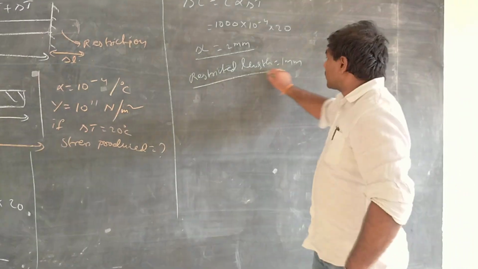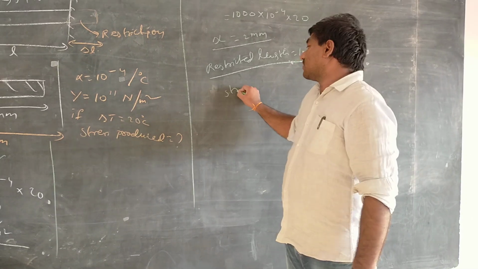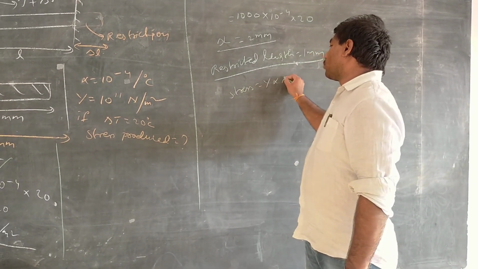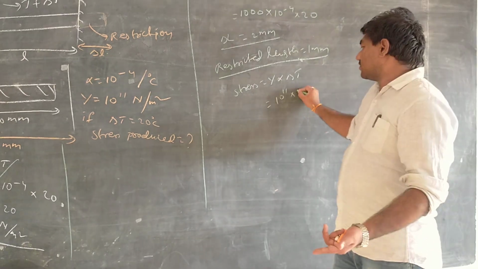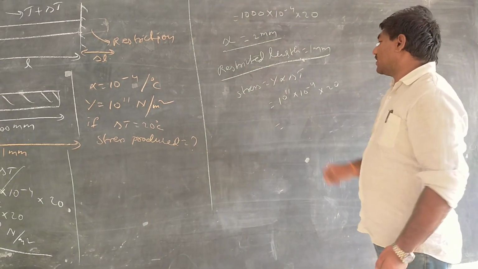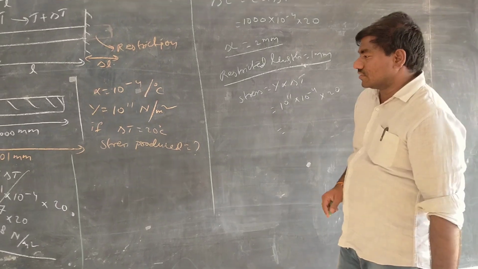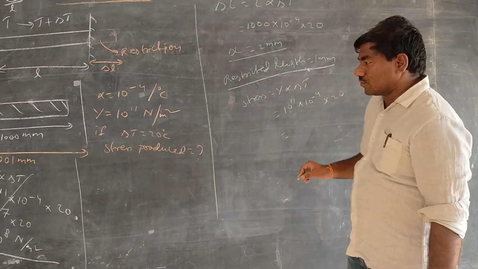That means this will be your residual length, 1 millimeter. And now finally, Y alpha delta T. If delta T is coming out to be 20.